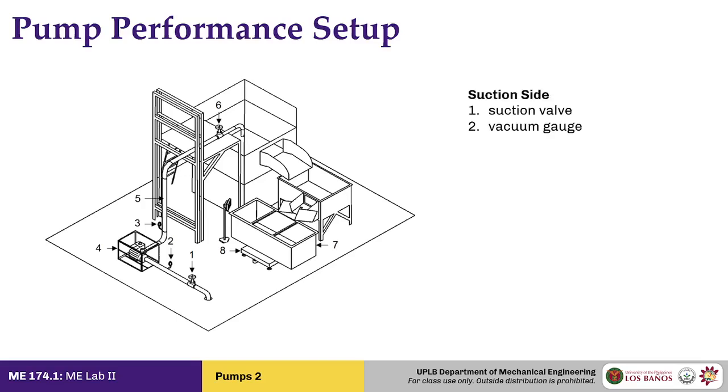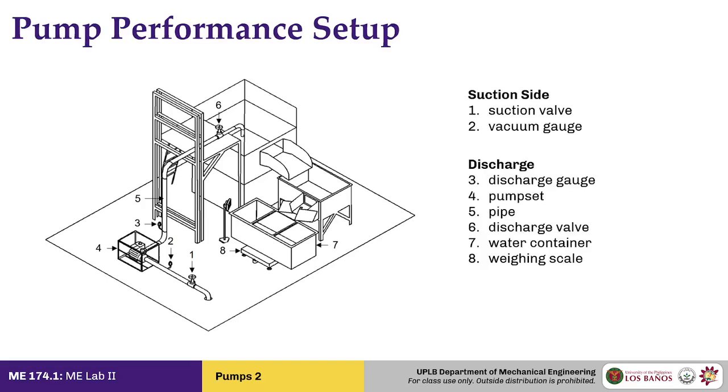On the suction side, you don't have a lot. Basically, you only have a valve and a gauge. However, for the discharge side, you have several instruments, and you have several tools by which you can control the flow rate.